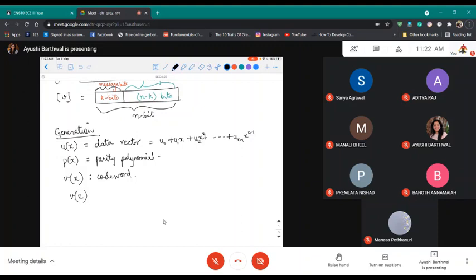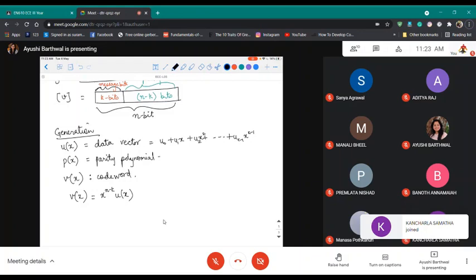So to determine v(x), that is your final code word, you have to multiply x raised to the power n minus k to the data vector polynomial.